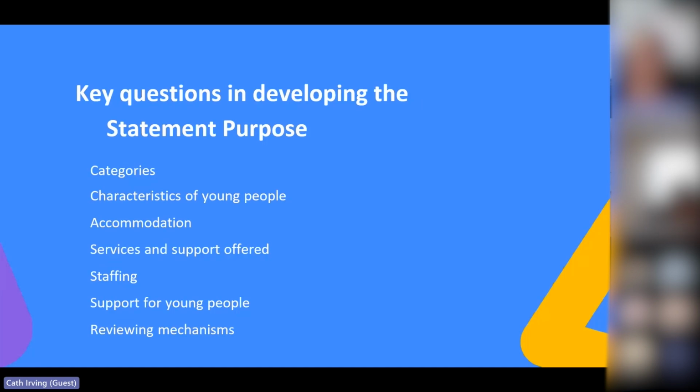So within the document that you'll have in the microsite, looking at those key questions, some of the things I've put in there would be questions such as: what are the security arrangements, how would you describe the accommodation, what are your staffing levels, how are staff going to respond to unexpected events or opportunities, what degree of staff involvement is in place, and how are you going to ensure that staff have the right level of experience and skills to support young people and meet their needs.